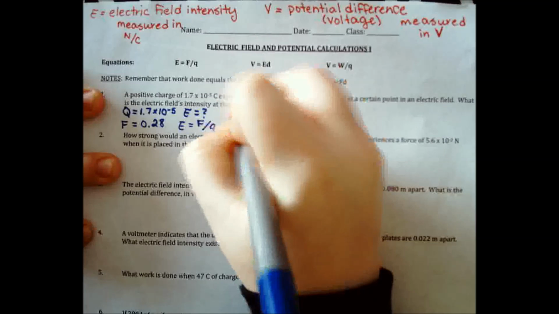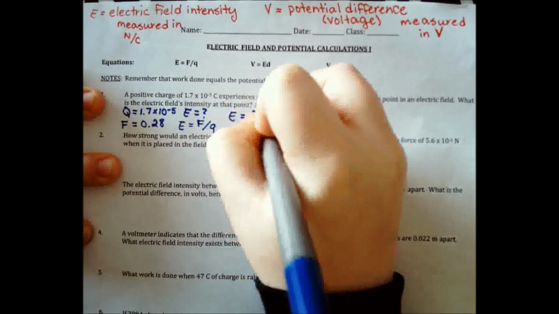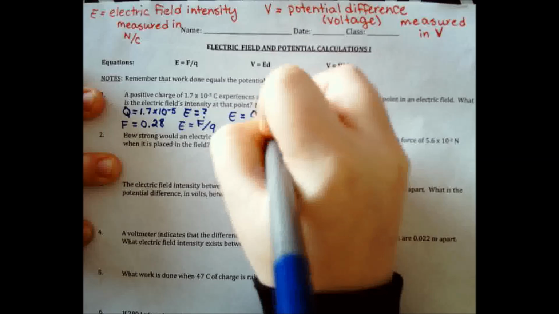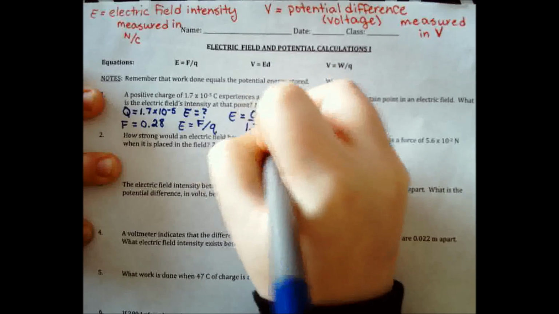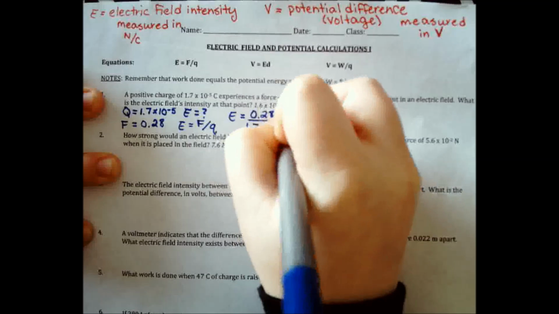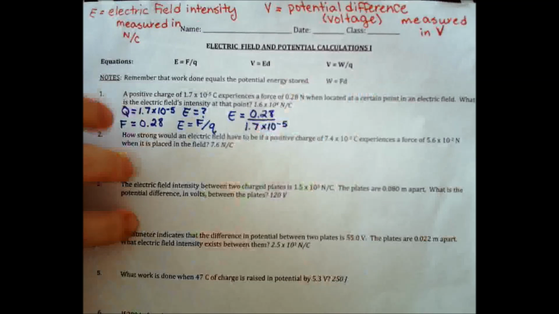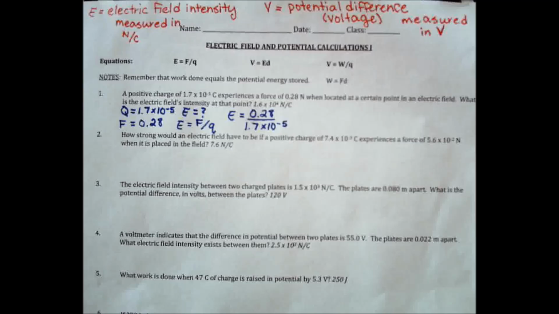So, E equals 0.28 divided by 1.7 times 10 to the negative fifth. If you know anything about exponents, you should know we should get a large number for our answer because we are dividing by a negative exponent. So that's 0.28 divided by 1.7 e negative 5.